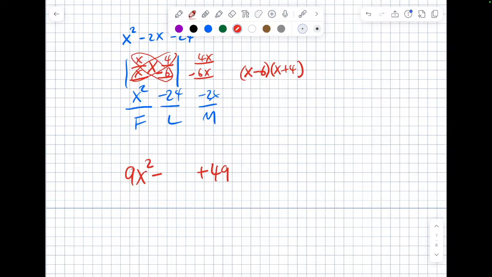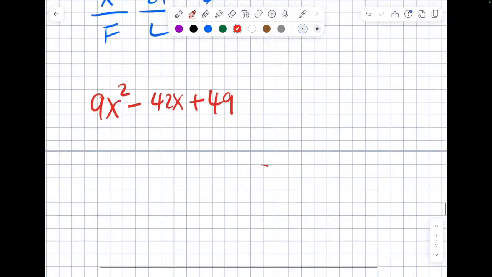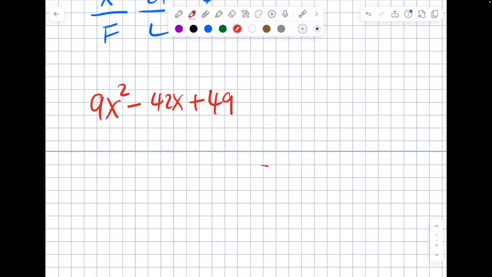Hold on, let me think about it. Okay, so to factor this one, it gets kind of hard. But with this method, it's going to be very easy, with the caveat that there is a small plot twist here.